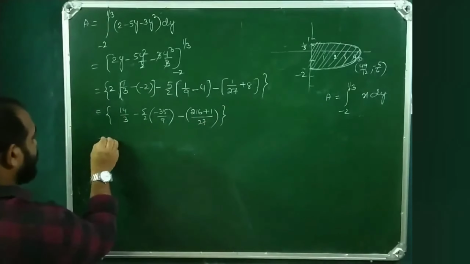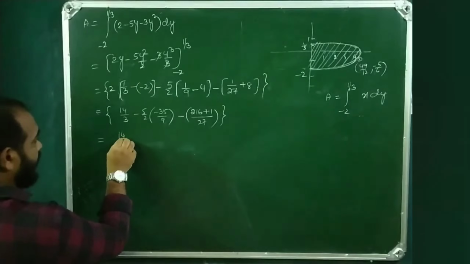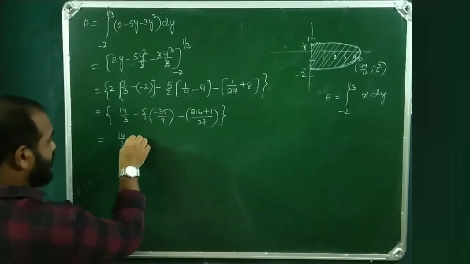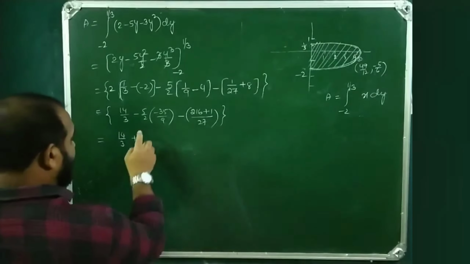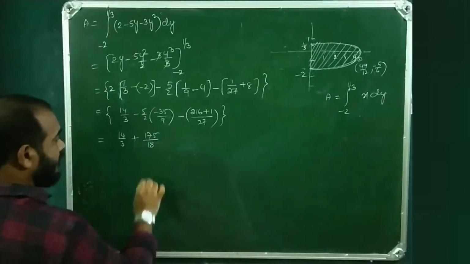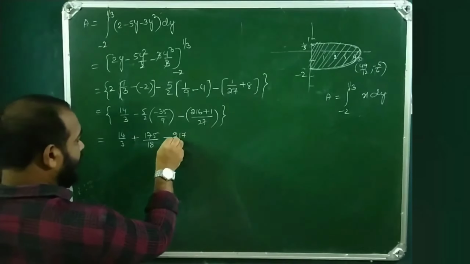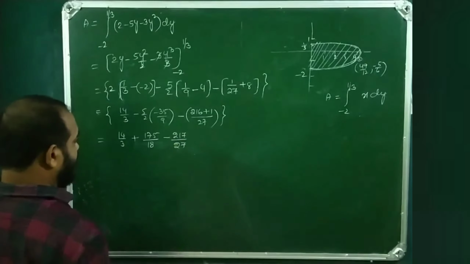This equals 14 by 3 minus into minus plus 5 times 35 is 175 by 2 times 9 is 18, minus 217 by 27.